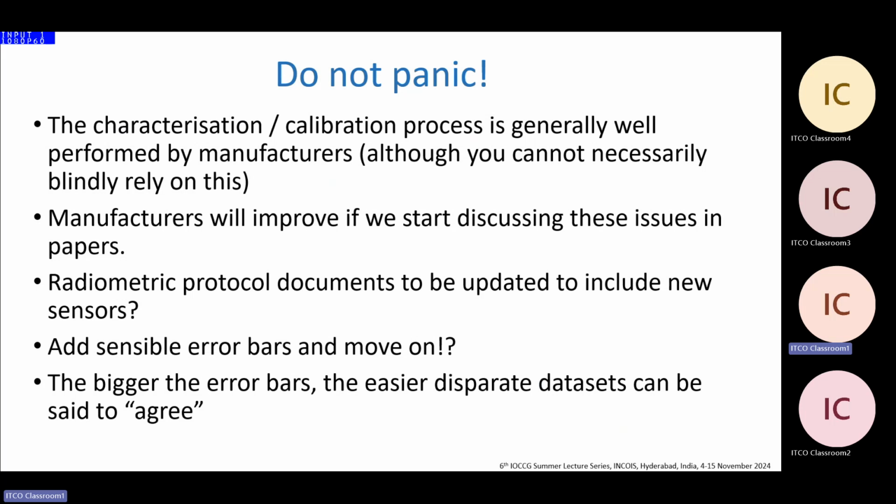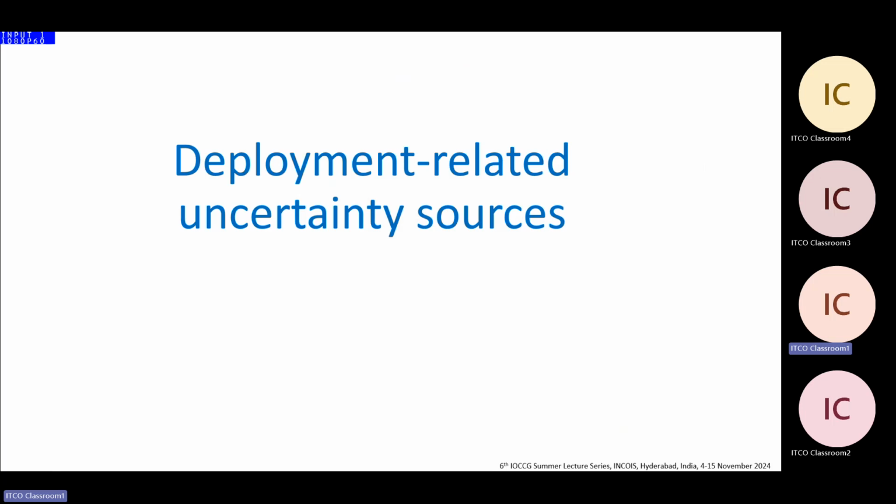You can, of course, do this and try not to get too much into the details, but anyway. And in some way, some people would say the bigger the error bars, the easier disparate data sets can be said to agree, but that's a bit of a joke. Okay, that was for the instrument only.